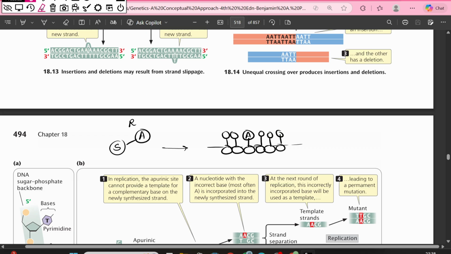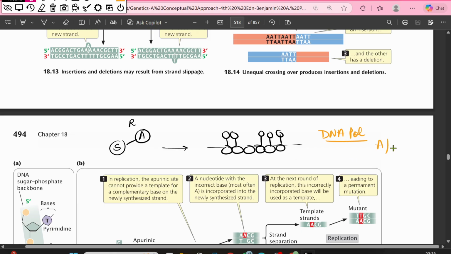Now suppose due to one or another condition this adenine is removed from its place. When this adenine is removed, this creates an apurinic site, and during replication this apurinic site so formed will be randomly filled by the DNA polymerase. Earlier adenine was present here, but now adenine is removed, and instead of it any random purine can be inserted by the DNA polymerase.